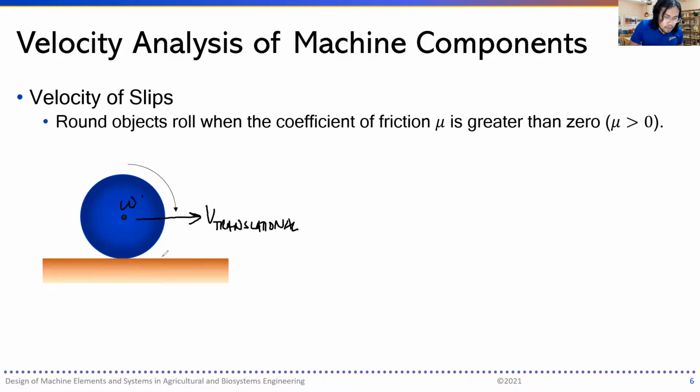Now sliding happens when the v translational, which I'll shorten to v trans, is greater than the v rotational, which I'll shorten to v rot.